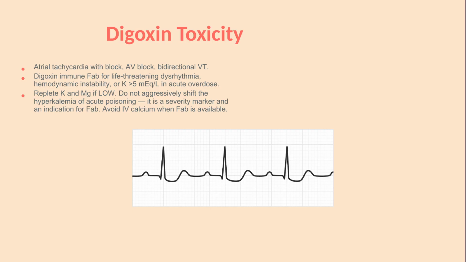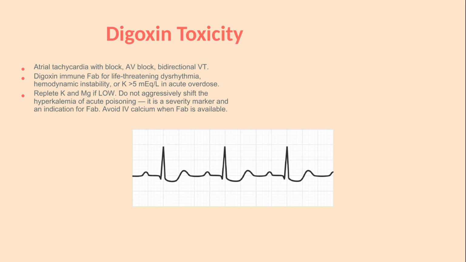So think digoxin when you see atrial tachycardia with block, accelerated junctional rhythms, frequent ventricular ectopy, or AV block. And remember that bidirectional ventricular tachycardia, with the QRS axis alternating beat to beat, is nearly pathognomonic. Chronic toxicity in an elderly patient with renal impairment can look like fatigue, confusion, nausea, and visual changes.